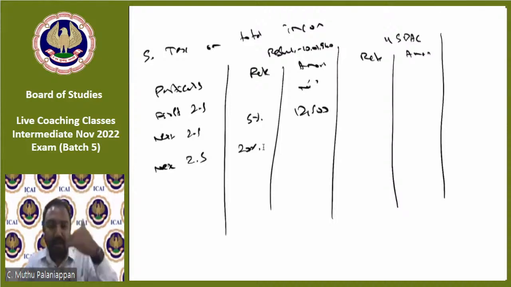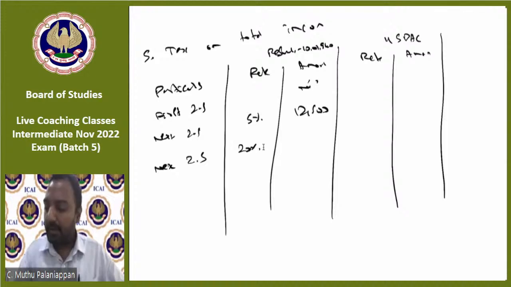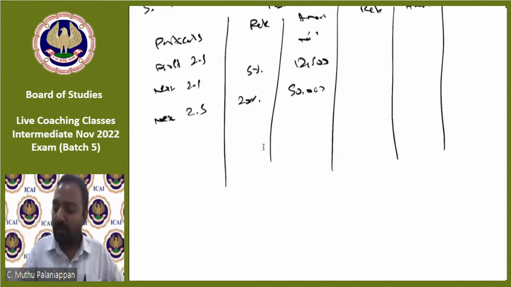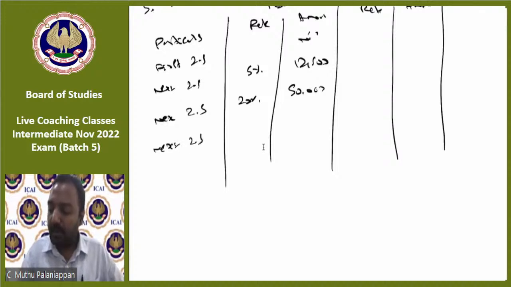So that is from 5 lakhs to 7.5 lakhs. For 2.5 lakhs, you get 20%. That is 50,000. Since it crosses 10 lakhs, we can also do next 2.5. Next 2.5, it is 20%. That is for another 50,000.